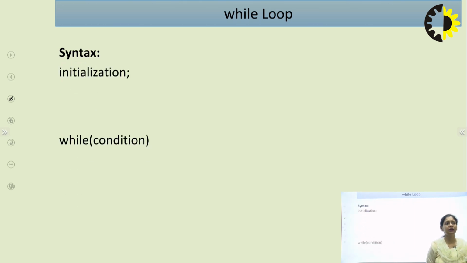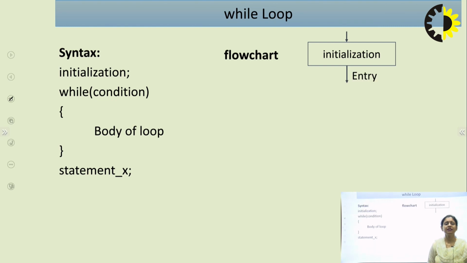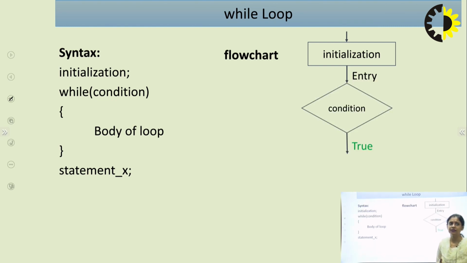Coming to the while loop, whenever we are working with loops, we have three main things that we need to keep in mind. The first one is the initialization, the second one is the condition, and the third one is the updation. So when we are working with the while loop, the initialization, condition and the updation are all in three different steps.